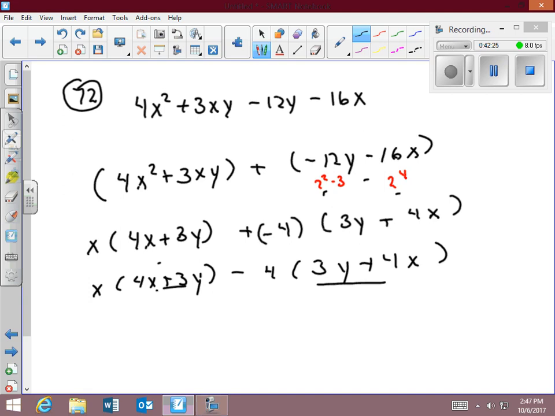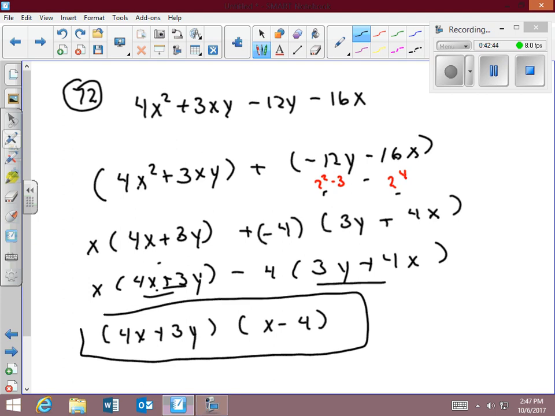Now is this and this the same? Yeah, they're just commuted addition. So I'm going to take a 4x plus 3y out, and I'm going to have an x minus 4. So that's completely factorable. So you've got to be able to do the problems with that information.